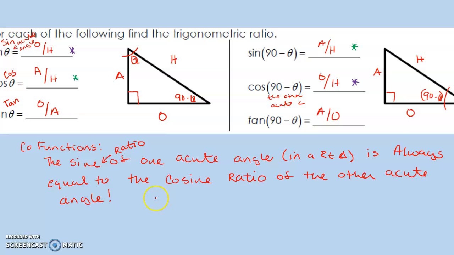So in other words, sine of theta is always equal to cosine of 90 minus theta, or cosine of theta is always equal to sine of 90 minus theta.